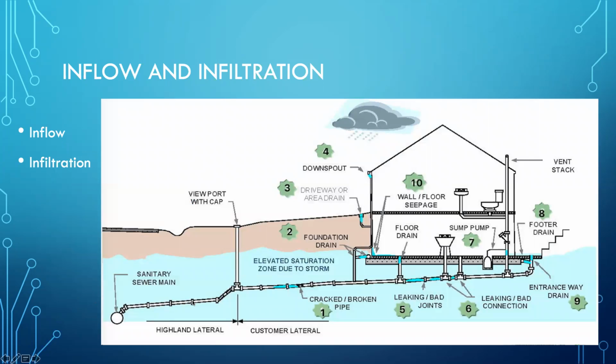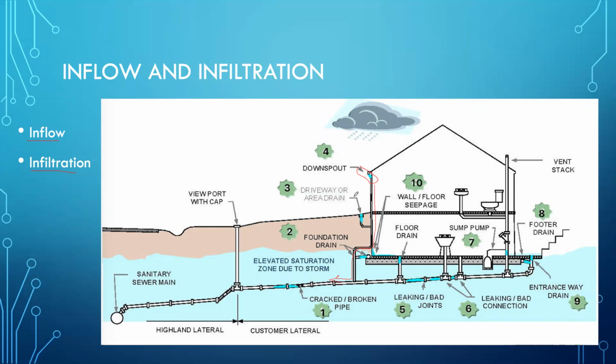Here we have a nice cartoon, and we will go ahead and identify inflows and infiltrations. So inflows, if you recall, are direct connections into the system. So here we have a roof drain that downspouts and makes its way into the sewer system.